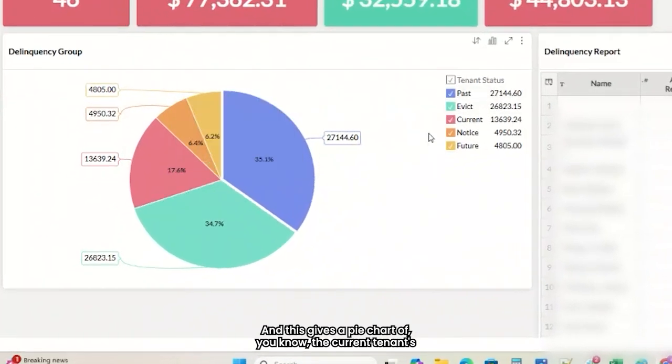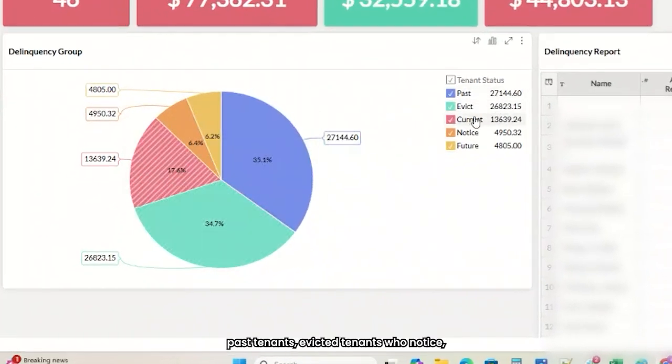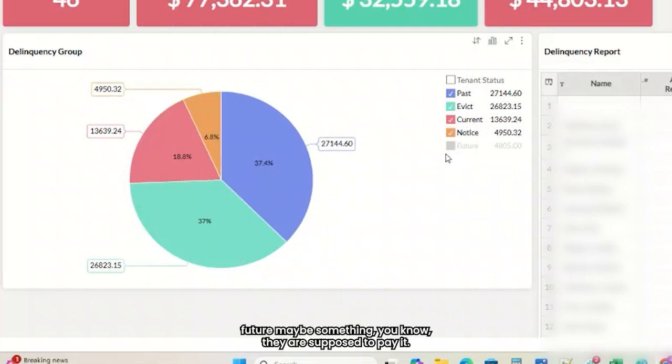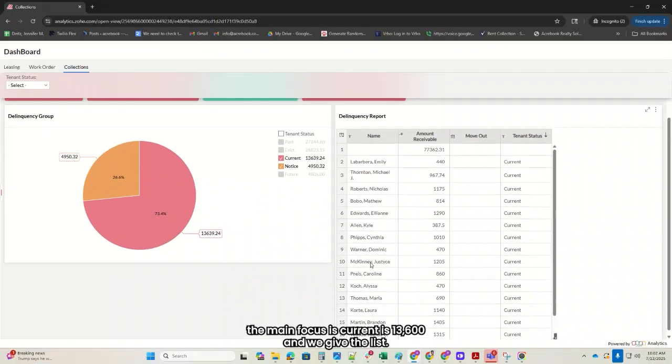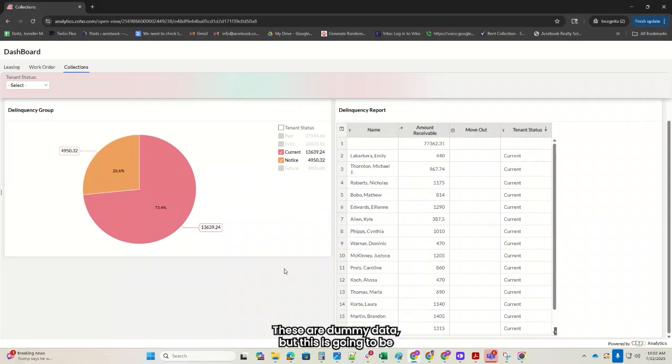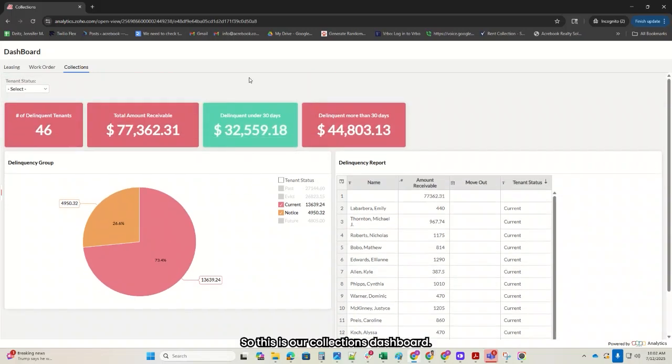And this gives a pie chart of the current tenants, past tenants, evicted tenants, who are on notice, future, maybe something they are supposed to pay. It could be even dues for somebody who's moving in next month. If you want, you can avoid future, and this is the performance in the past or the current. The main focus is current, which is 13,600, and we give the list. These are all dummy data, but this is going to be the list of all the tenants that are delinquent. So this is our collections dashboard.